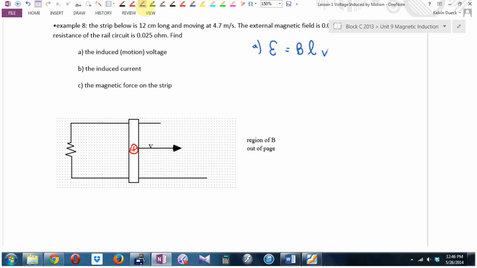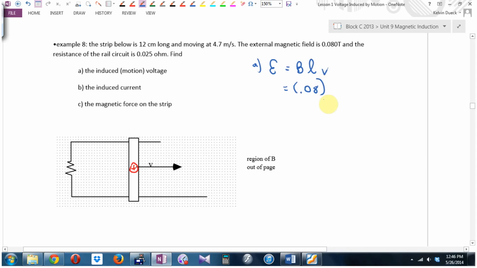Okay. Anyways, hey, what's the magnetic field, Curtis, in Tesla? 0.08. Is that what I said? Yep. Length of the bar, 0.12. Speed, 4.7, which is not very fast, meters per second, right?